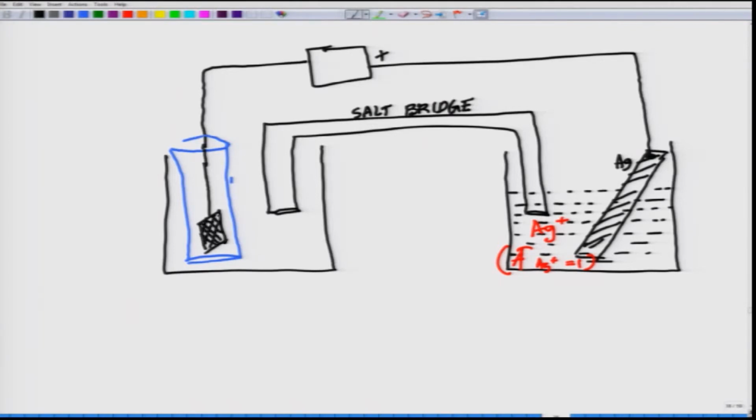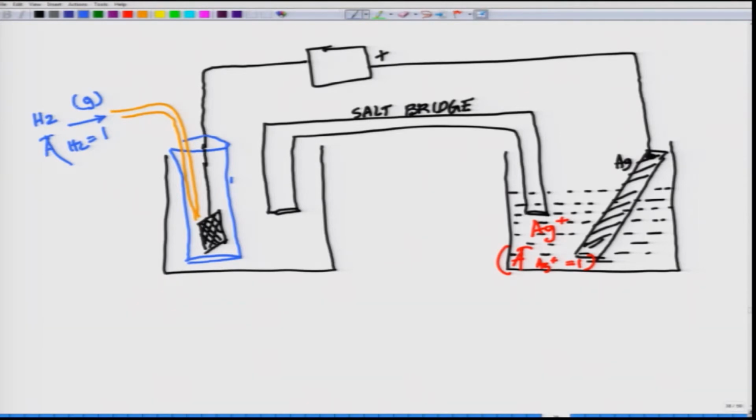This is pure, and I'll give you the details in a second. Let me draw it out. Here we are bubbling hydrogen gas, H2 gas.